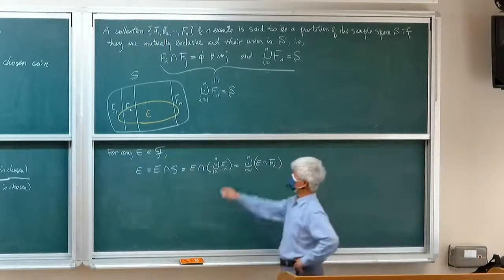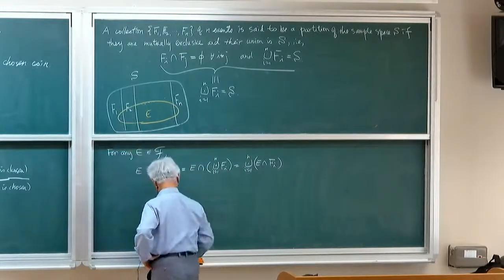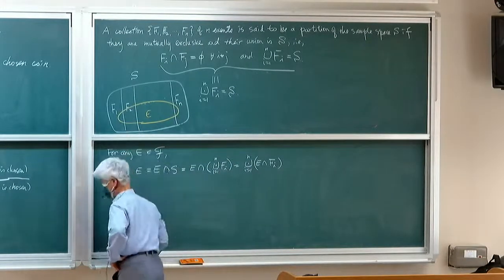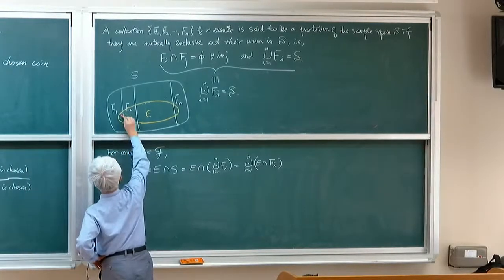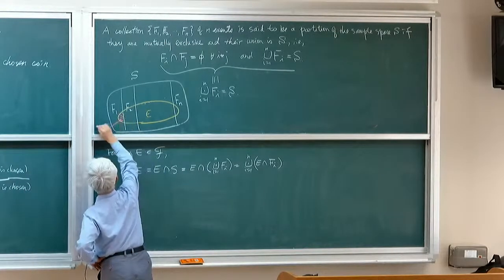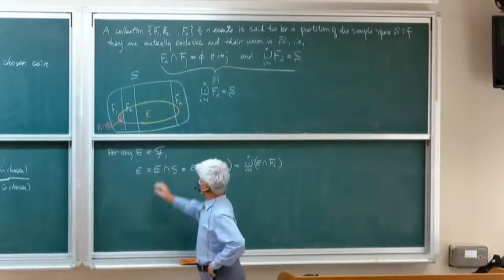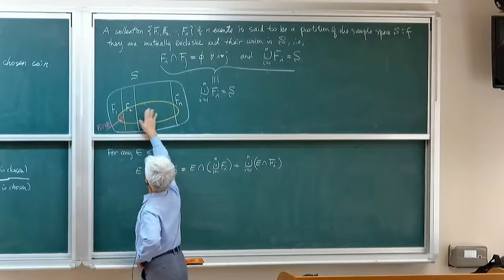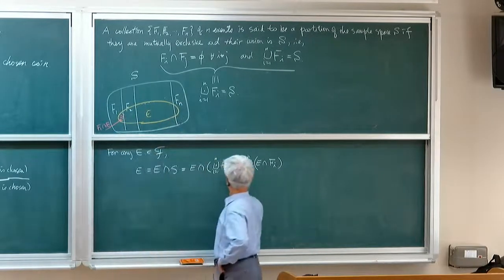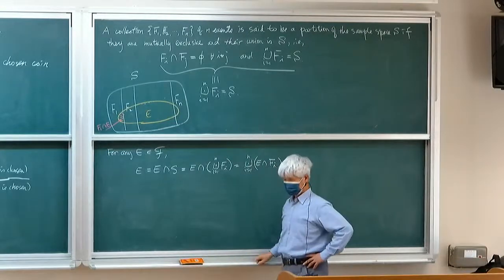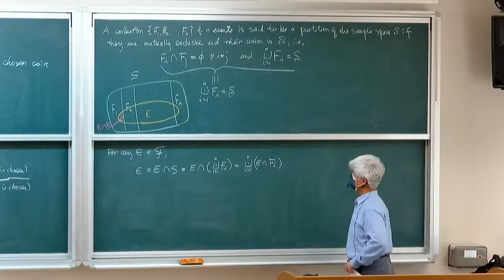Look at this part here, it is F1 intersect with E, so that each part will be disjoint. So we have a disjoint union, right?